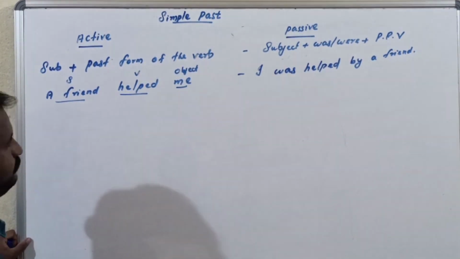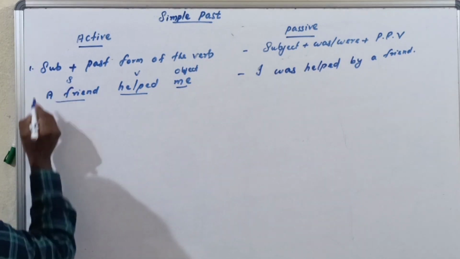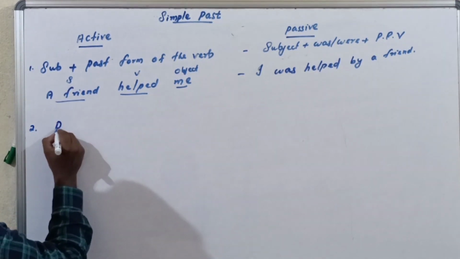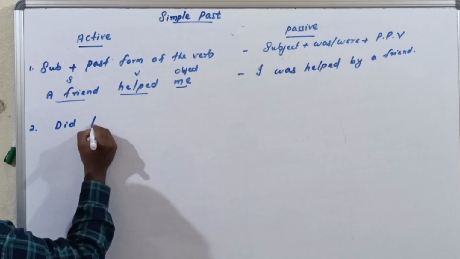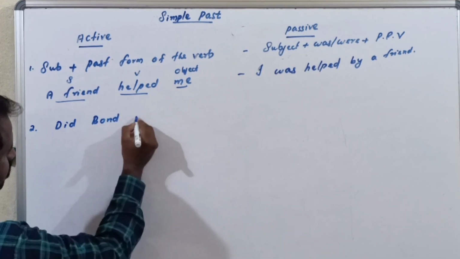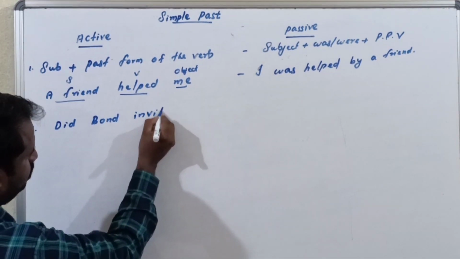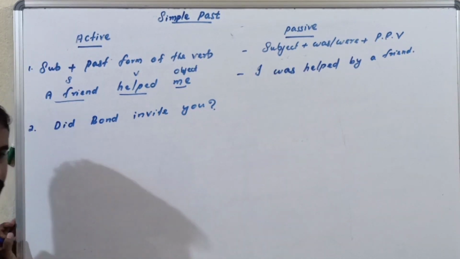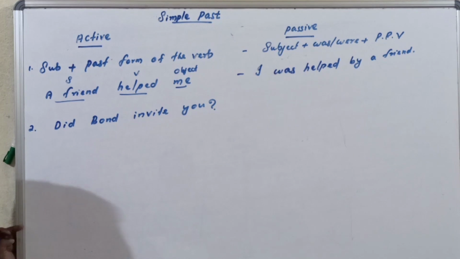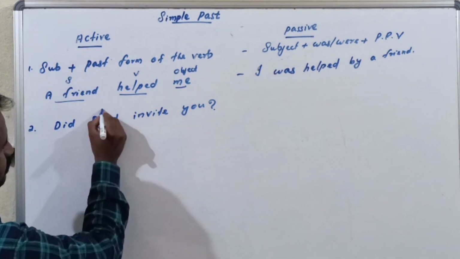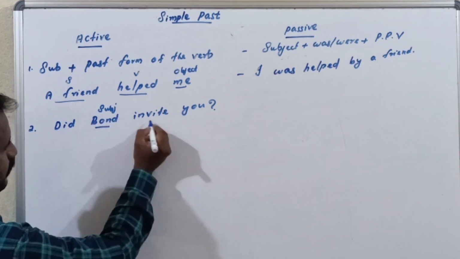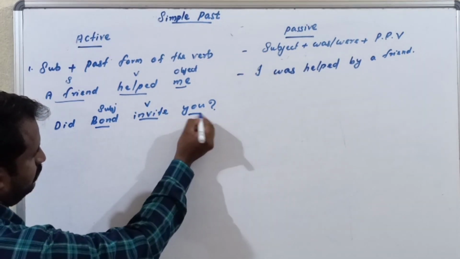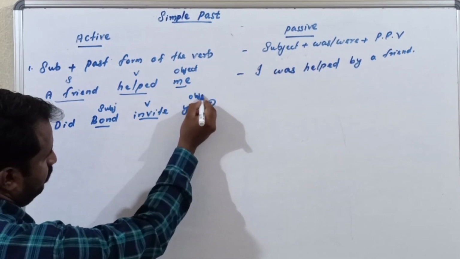Let us have an interrogative. Did Bond invite you? Let us take the subject: Bond is the subject, invite is the verb, you is the object.